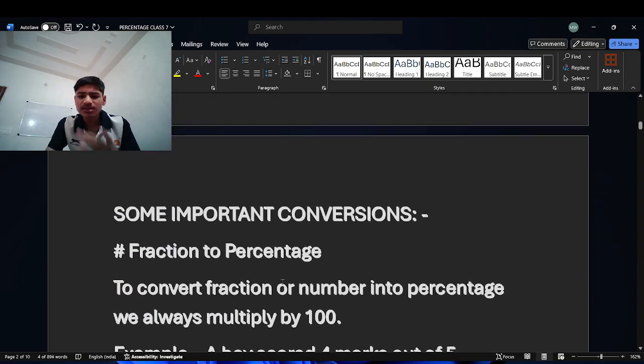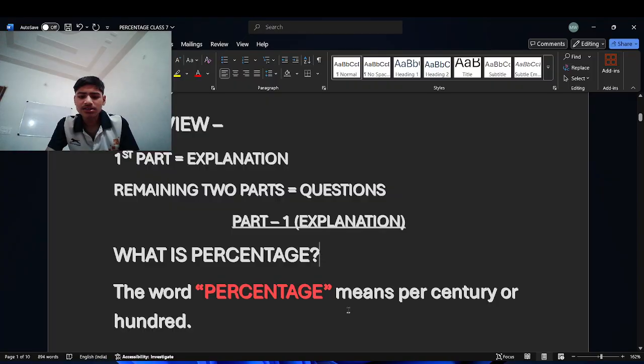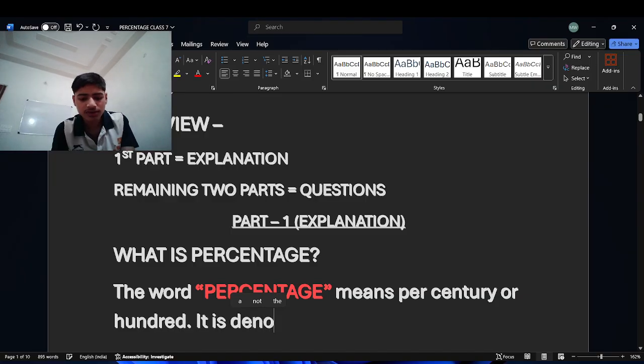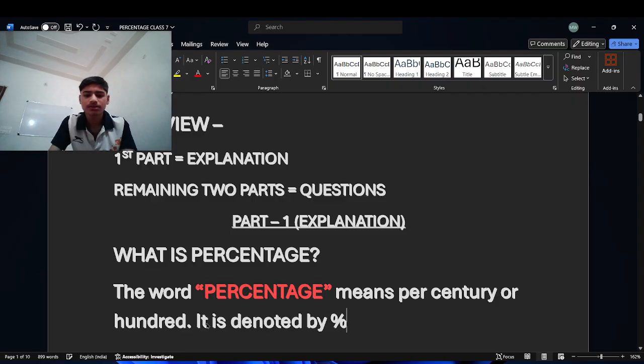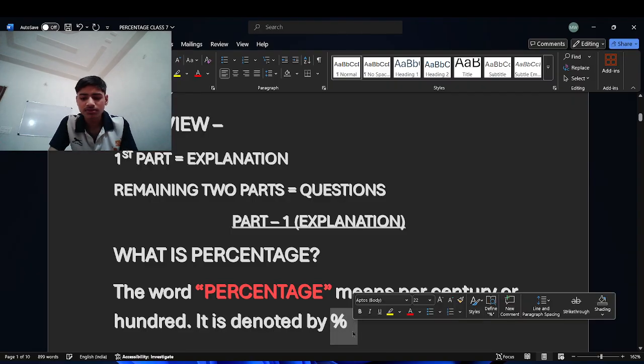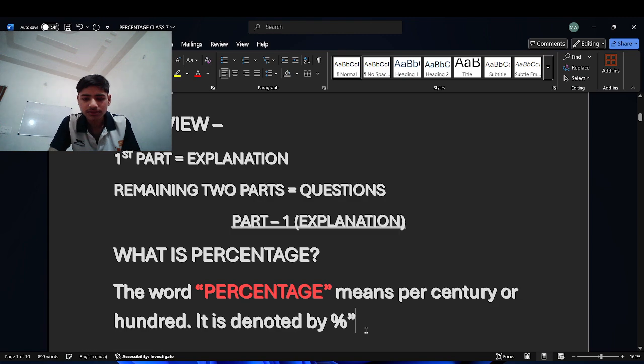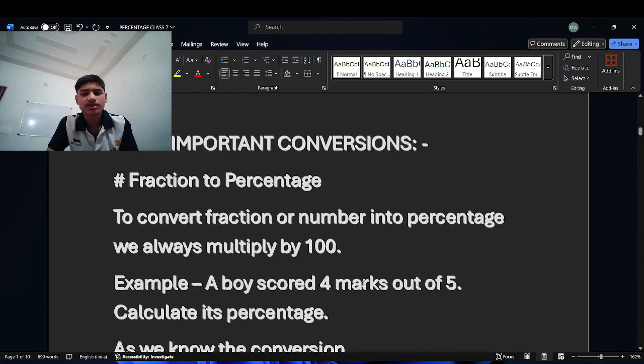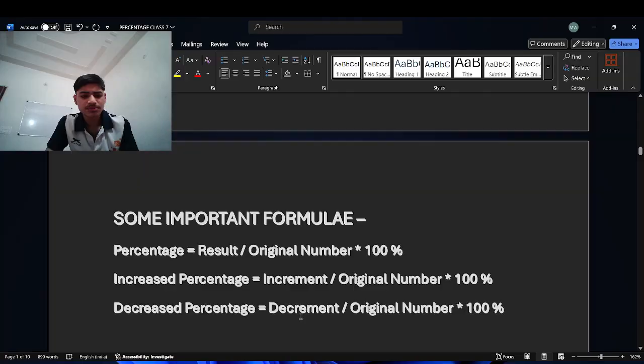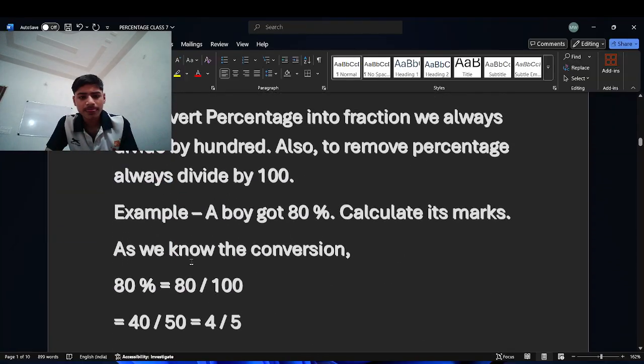And the percentage sign is denoted by the percent sign, which you already know.